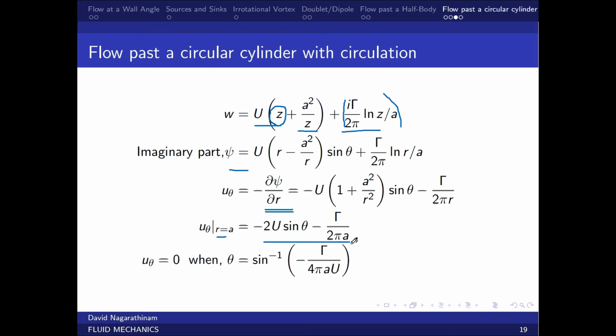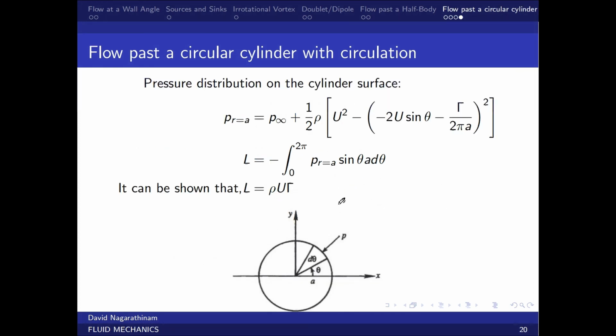Now, this azimuthal velocity is equal to 0 at certain azimuthal positions, which can be found by equating u theta to 0, which is going to be sine inverse of negative of circulation over 4 pi a U. Here a is the radius of the cylinder and U is the free stream velocity, and gamma is the circulation that is introduced due to the presence of the vortex.